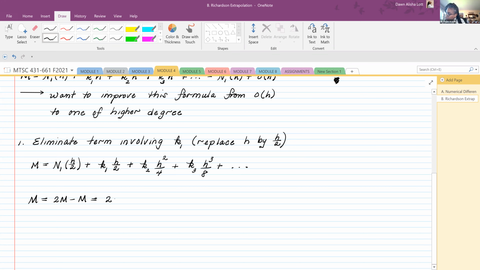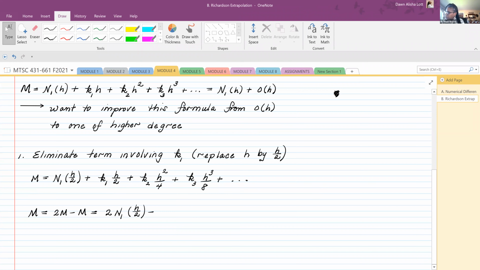So I'm going to get 2 N1 of h over 2 minus N1 of h, plus I'm now going to get K2, and I'm going to get h squared over 2 minus h squared.